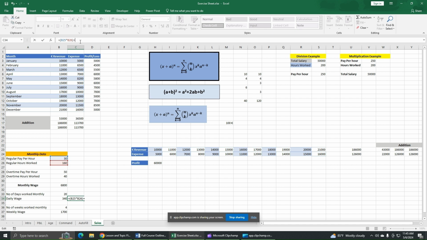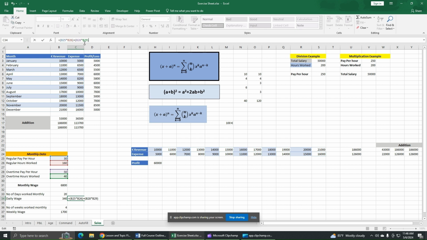Then plus this one multiplied by this one, which will give you the total overtime pay. If we add both of them, you will get the total monthly wage. And then if you divide it by 20, you will get the daily wage directly. So first you have to add both of them, then divide by 20.